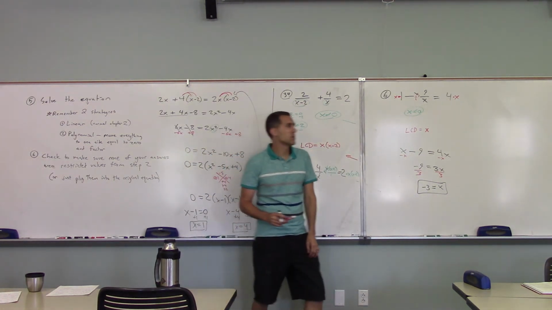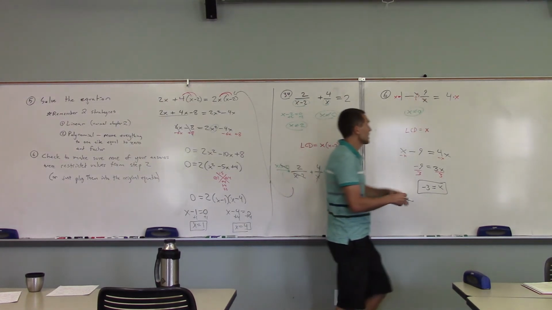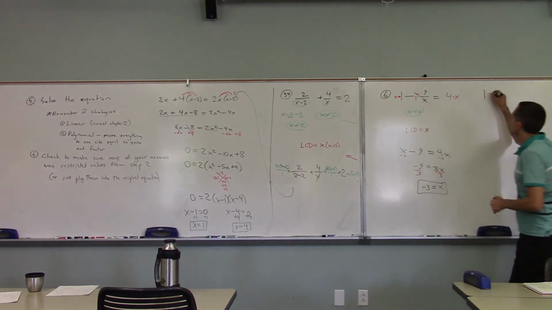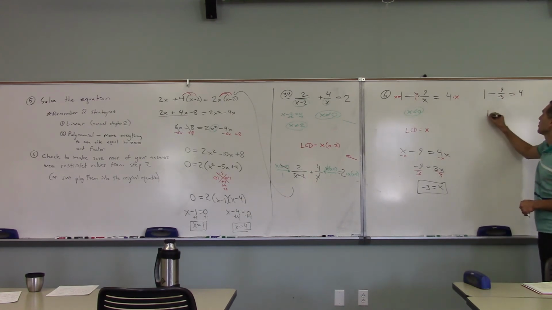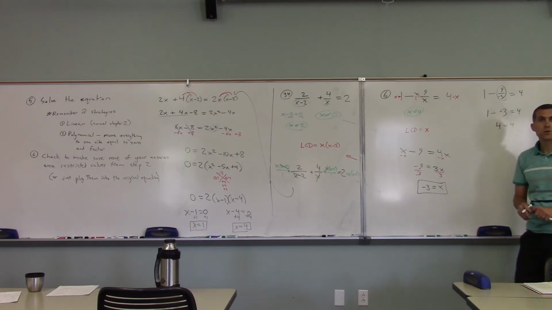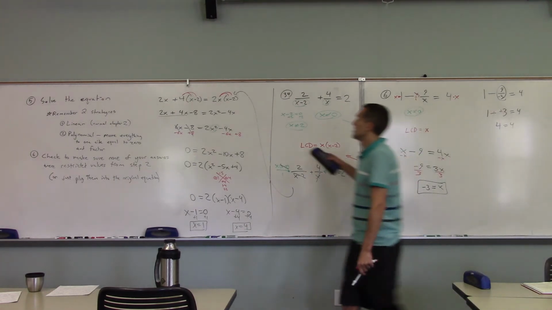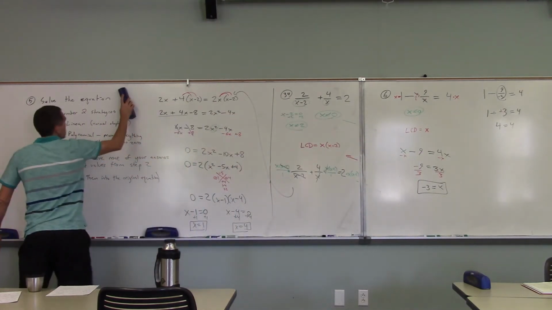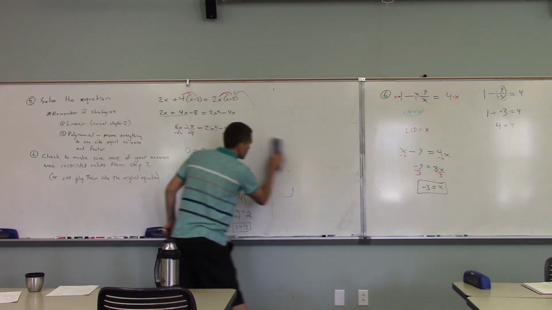We could also plug it back into the original and check. 1 minus 9 over negative 3 equals 4. 1 minus, this becomes negative 3. That's plus, so 1 plus 3 is 4, equals 4. Check, it does work. So we can always plug it back in. That's some good instructions.